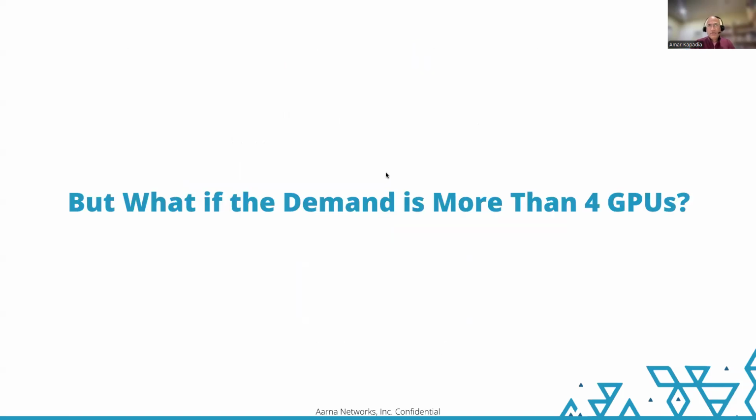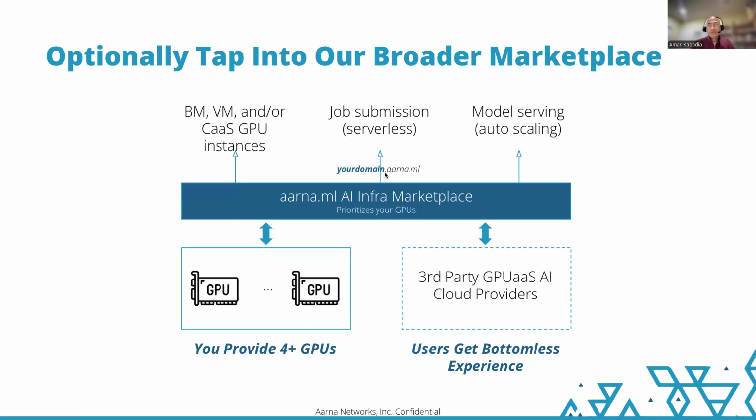And then the logical question is, what if the demand is more than 4 GPUs? Because 4 is a very small number. Well, we have a solution. Because our AI infra marketplace works with multiple GPU as a service AI cloud providers, we can represent those as yours to the user.